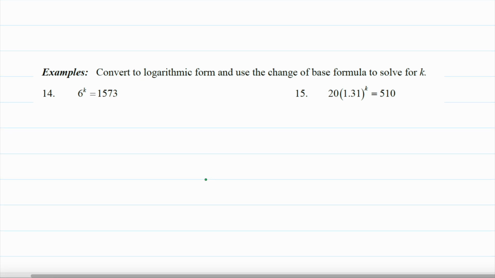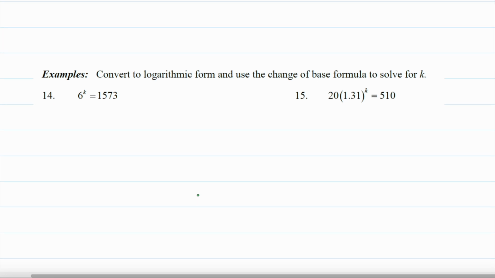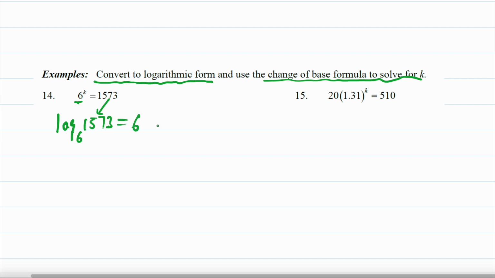Now the last two questions of this lesson, question number 14, they said you have to convert it to logarithmic form and then use the change of base formula to solve for k. So how do you convert this into log? Again, base is 6, write log base 6. The argument 1573 equals k.